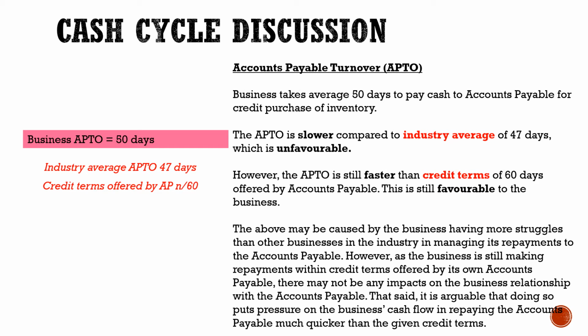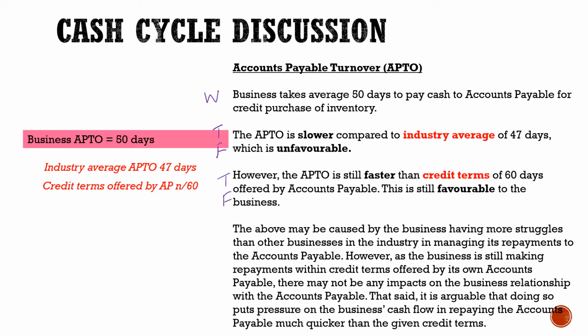Now we're going to discuss the accounts payable turnover. The business takes an average of 50 days to pay cash to accounts payable for credit purchases of inventory. That's a W. The APTO is slower compared to industry average of 47 days, which is unfavorable. That's a T and F there. However, the APTO is still faster than credit terms of 60 days offered by the accounts payable. This is still favorable to the business. Another T and F here.